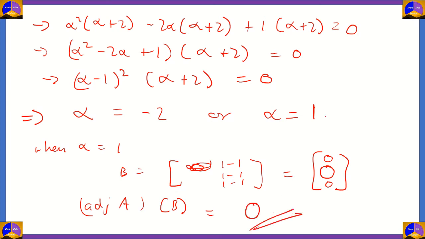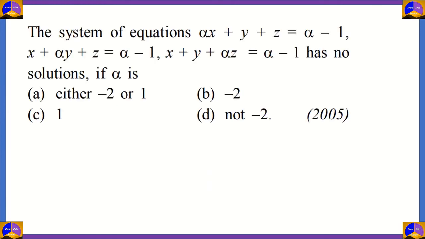So when you have alpha equals 1, you will have infinite solutions. So therefore, the right answer is the option where alpha is equal to minus 2. So the correct option is option B, minus 2.